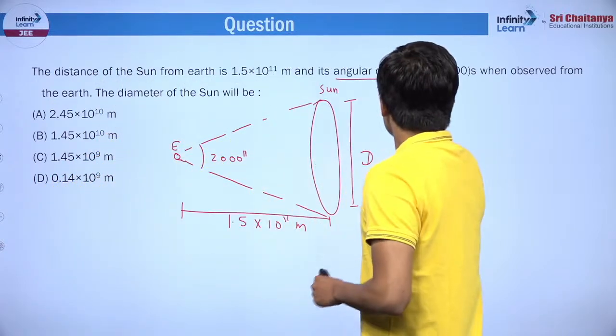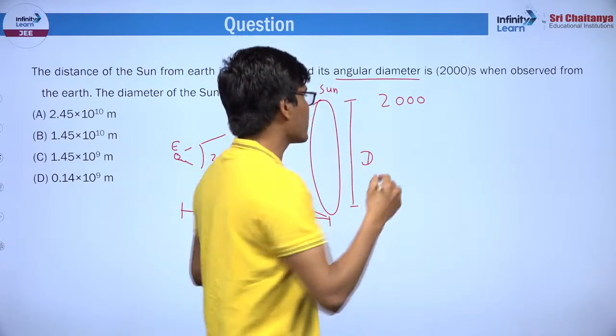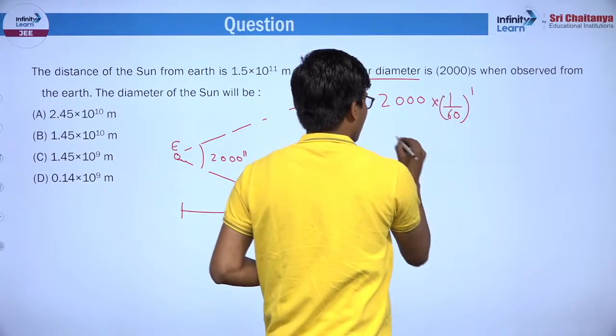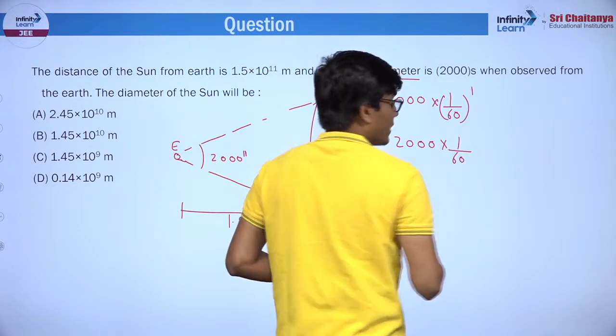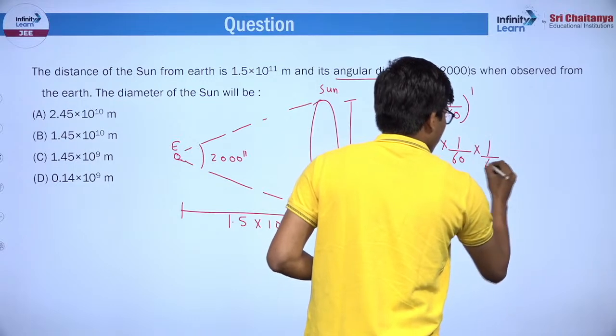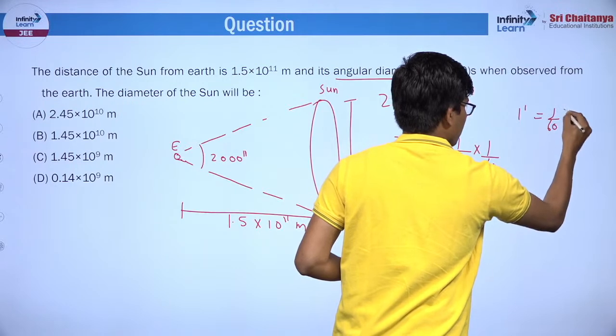2000 seconds is given, so first convert into minutes. 1 second is 1 by 60 minute, then convert into degrees, since 1 minute is equal to 1 by 60 degree.